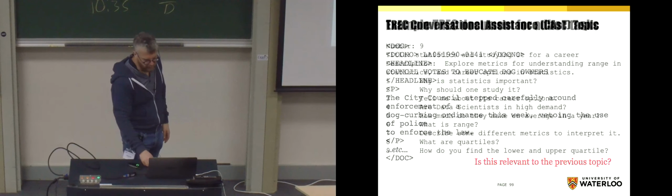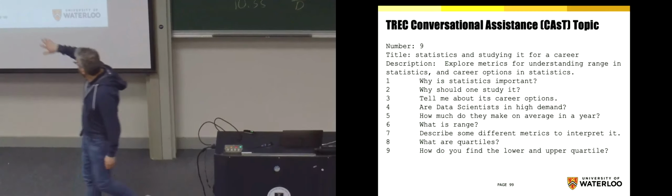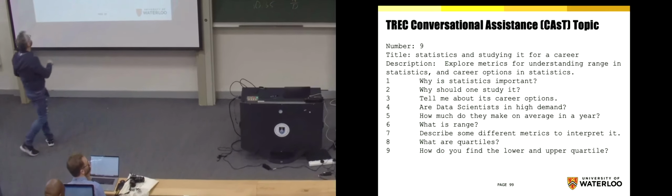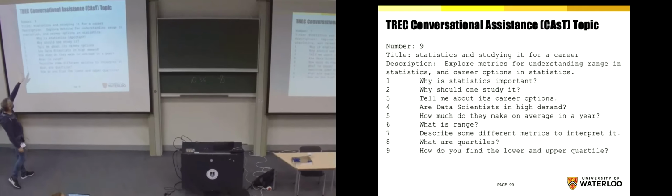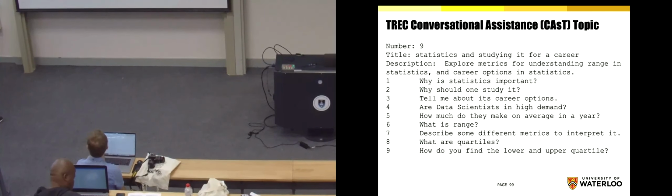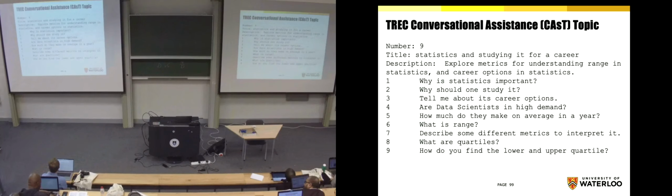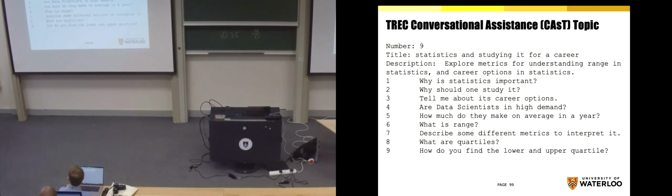Another example that we did this year is they had a challenge or a task called conversational assistant, and what they gave you is a whole set of these conversations. So statistics and studying it for a career is the topic, that's not the query. What happens is, imagine you're talking to a device and you say, well, why is statistics important? So it comes back with an answer.